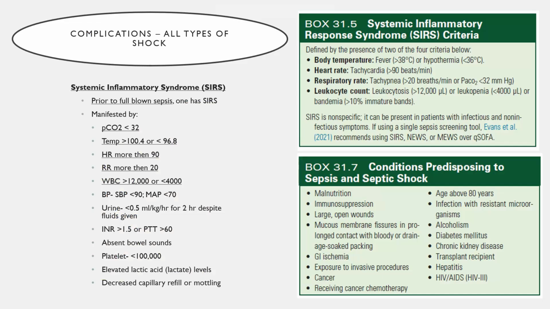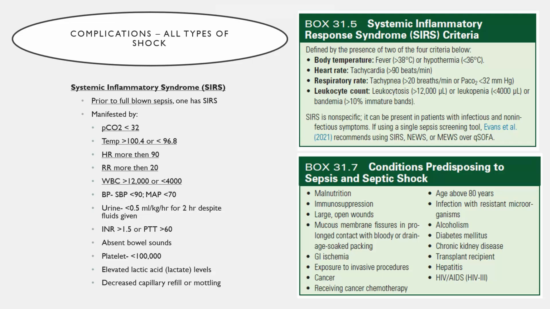So, your systemic inflammatory response syndrome, or your SIRS. Prior to a full-blown sepsis, the patient will have SIRS. It is manifested by a CO2 less than 32, but they're breathing out all their CO2 because they have metabolic acidosis.